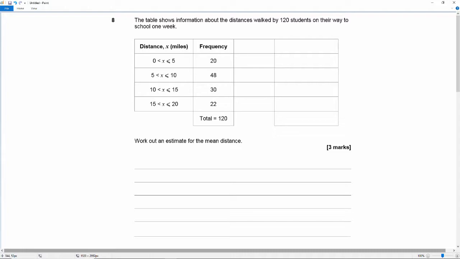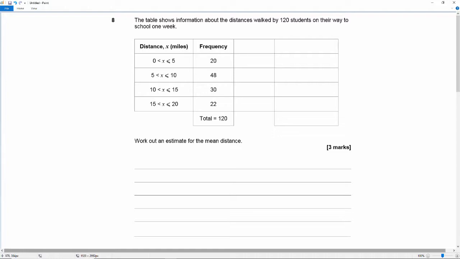Which says the table shows information about the distances walked by 120 students on their way to school one week. So we've got the distance in miles: 20 students walked up to 5 miles, 48 students walked between 5 and 10 miles, 30 students walked between 10 and 15 miles, and 22 students walked between 15 and 20 miles.